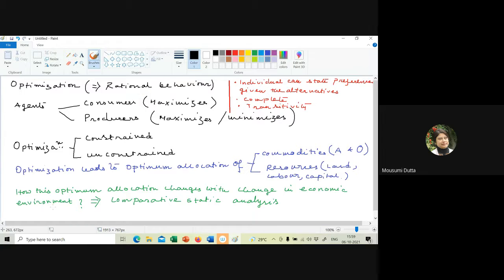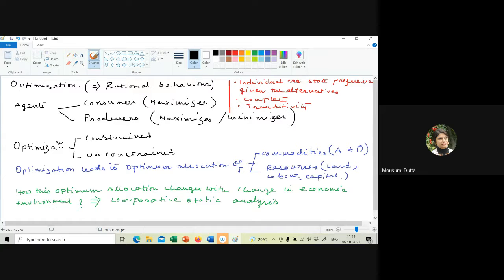That in turn means if the agent is a consumer, maximizing utility subject to income constraint. If the agent is a producer, maximizing output subject to cost constraint, or minimizing cost subject to output constraint, etc. So all the agents in the economy will behave in a similar pattern. All of them will behave rationally.